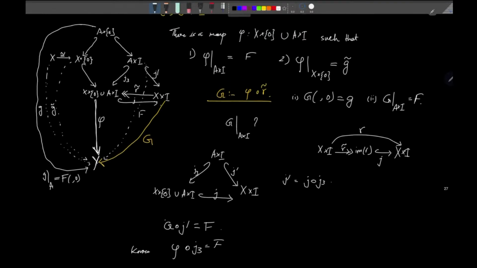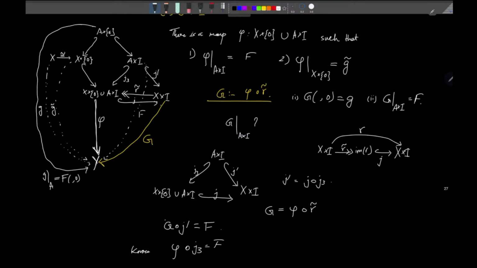What else can we do about it? We know that G is equal to phi composed with R tilde.